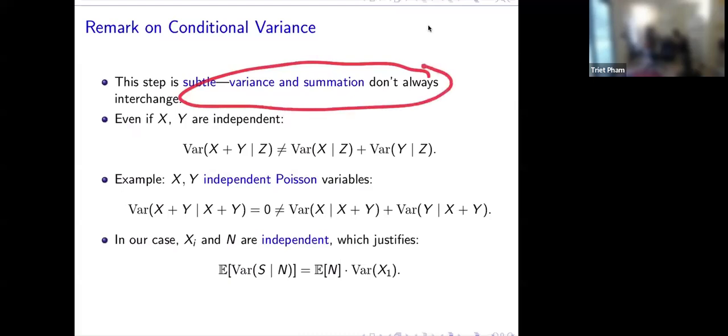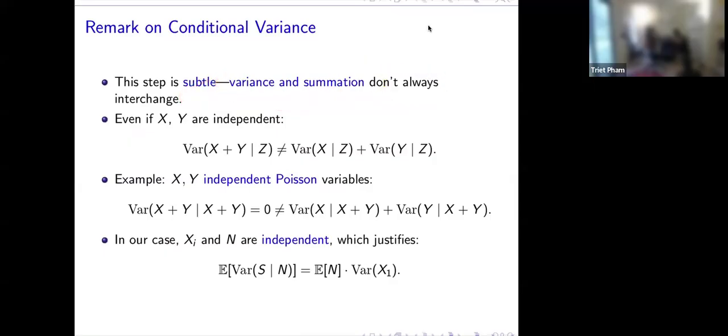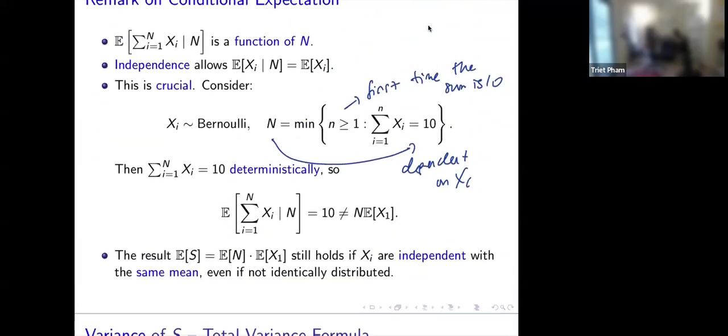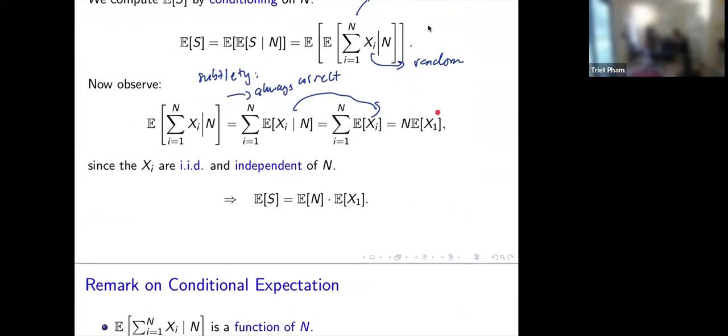Yeah, exactly. Here I was remarking on the fact that variance and summation do not always interchange. I was remarking on this step right here. These steps I already emphasized on the previous one.